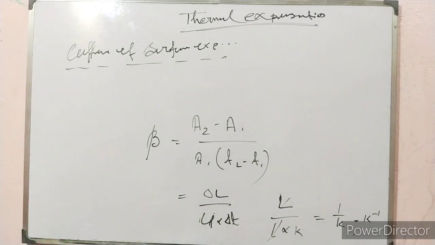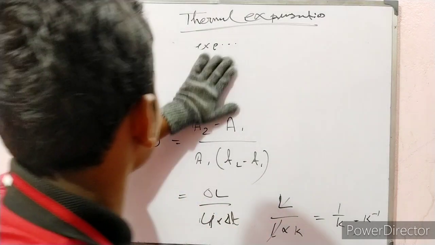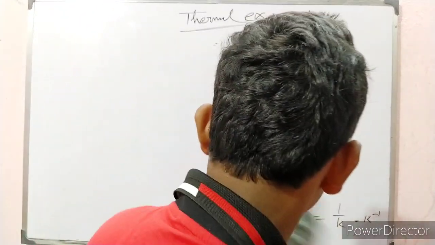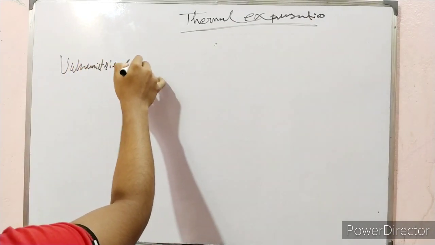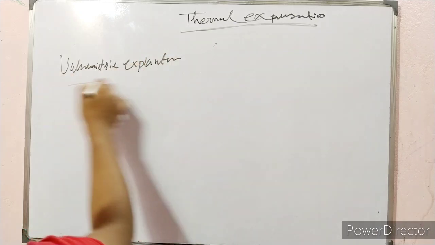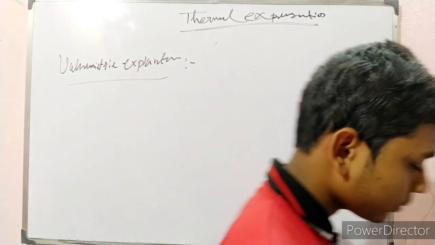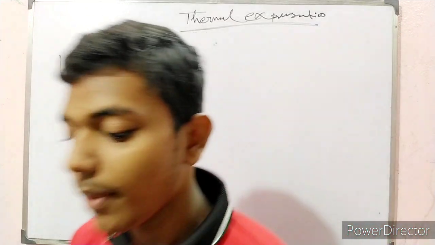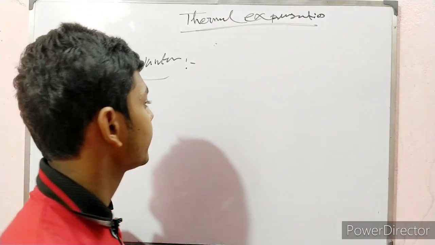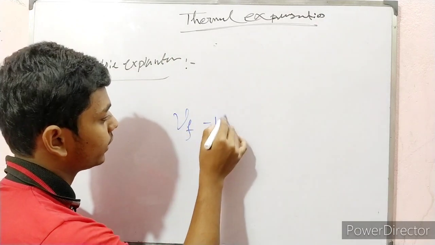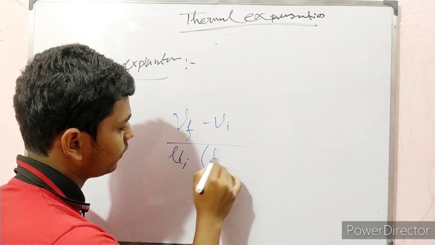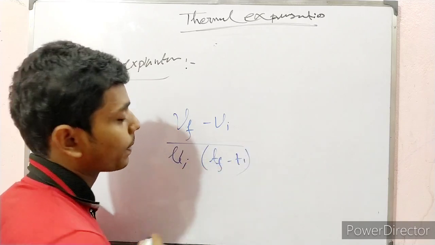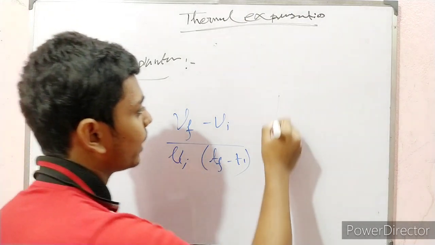The same thing will happen with volumetric expansion. Volumetric expansion means the change of volume. We can say V final minus V initial by V initial into T final minus T initial. I will take a cube.